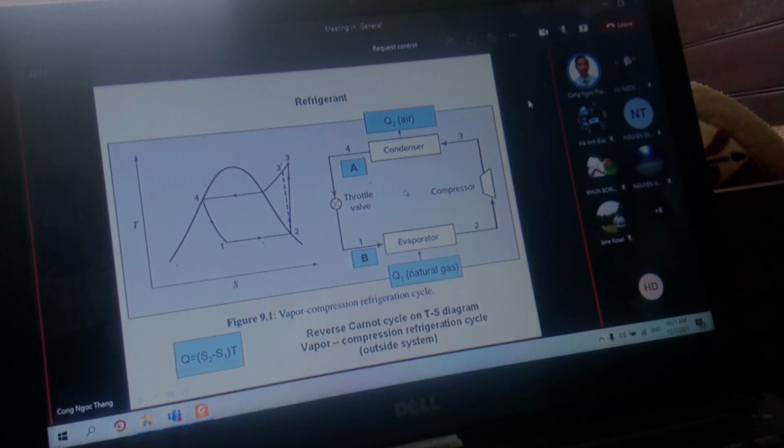So this is a typical diagram for a vapor compression refrigeration system using refrigerant. Refrigerant we can use as methane, ethene, propane, or mixed refrigerant, or we can use NH3 or some other.